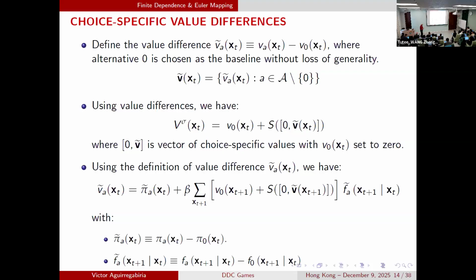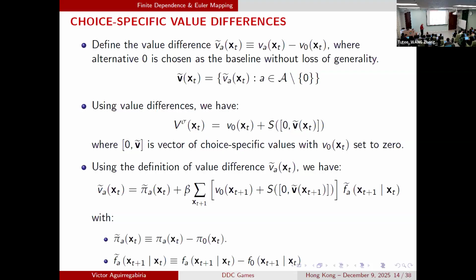Then we know that this vector of values is equal to the social surplus defined in terms of the whole vector, but because this is the expected value of the maximum, we can add and subtract the value of the choice alternative 0 from the social surplus, and we can write the expression in this way.